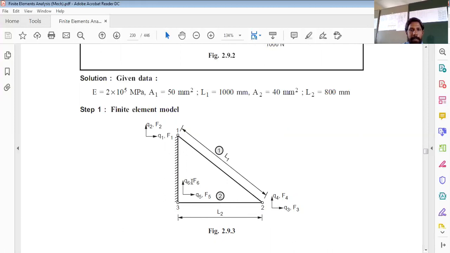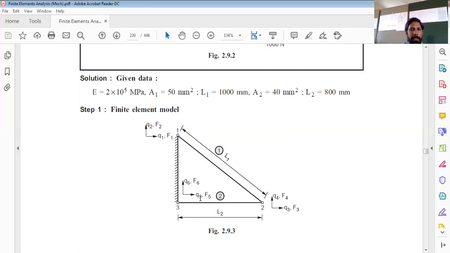As I said, there are three nodes: node 1, node 2, node 3. Node 1 can displace along x direction and y direction, so the corresponding displacements are q1 and q2, meaning that there is a force along x direction, that is F1, and also along y direction, which is F2. Similarly, there may be force along x and y direction at node number 2, so they are F3 and F4, and corresponding displacements may be q3 and q4.